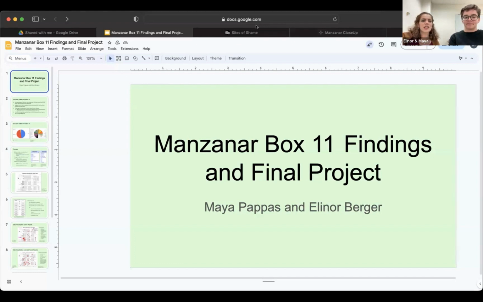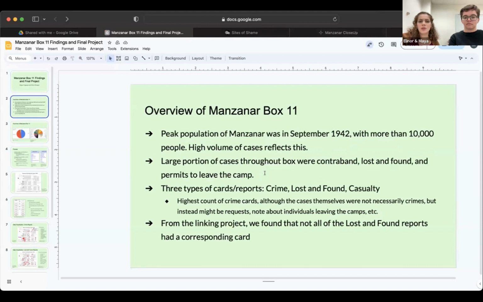So we're going to first start with a brief overview of Manzanar Box 11. Yeah, to recap what we've been telling you all semester, at this point in time, which was 1942, there were about 10,000 people interned in the camp, and you can see the high volume of cases per day reflects this.